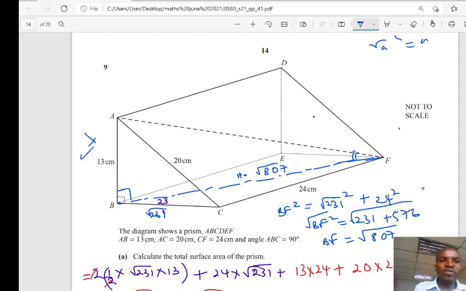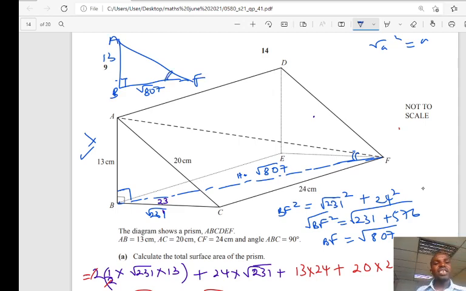Now we have this side and this side. So it's like we have our triangle like this now, where there's a right angle here, the square root of 807 here, and there's this one 13 here. We have A here, then we have B, and we have F. So on this angle, you can use SOH CAH TOA.